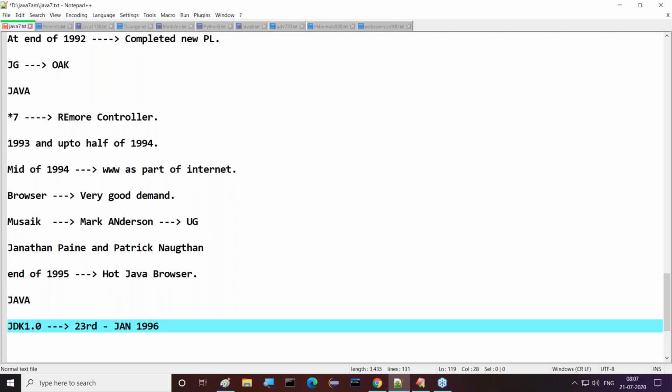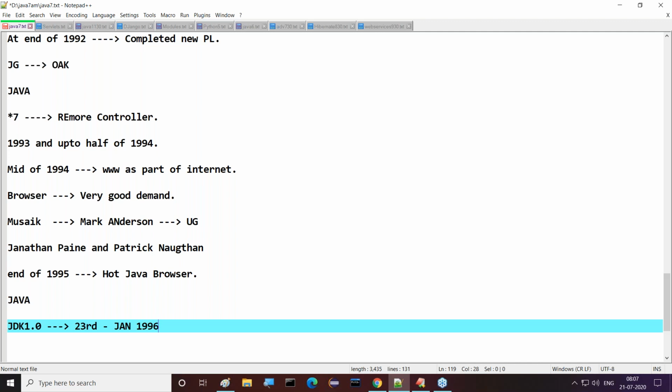On this particular day, the very first version of Java was launched. The name of this first version is JDK 1.0, provided by Sun Microsystems on 23rd January 1996.